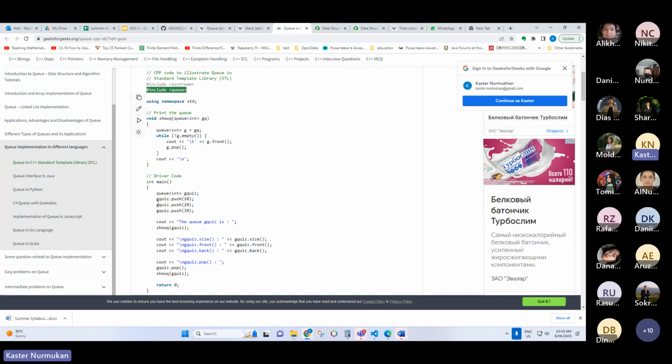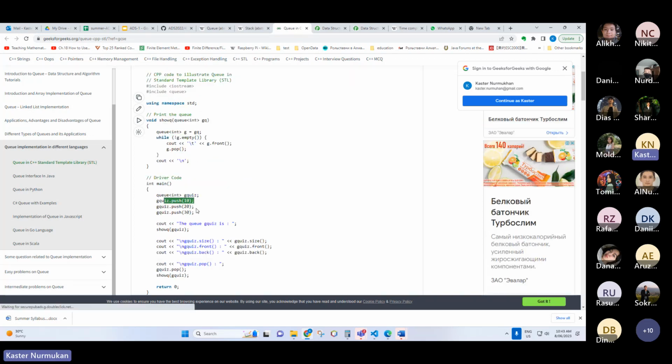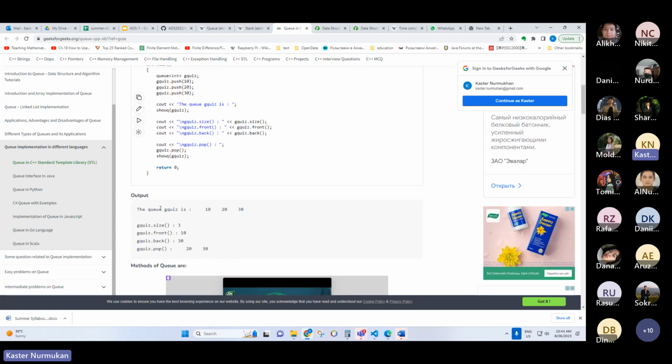For example, you just initialize it, push, then pop. Because this is a queue, what is pushed first gets out first. For example, with 10, 20, 30, you will get 10 first because it was inserted first.